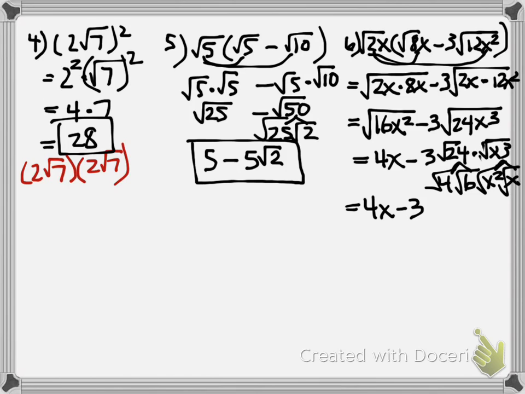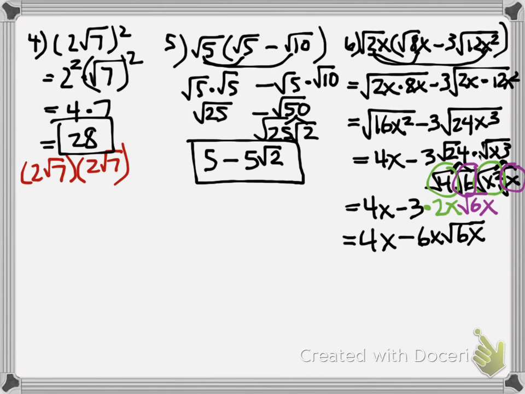I still have the 3 after the subtraction sign. Now I'm going to take the square root of 4, which I can do, which is 2, and take the square root of x squared, which is x. And then what's left behind is a 6 and an x. So they're going to stay behind in the radical. So altogether, I get 4x minus 6x radical 6x.